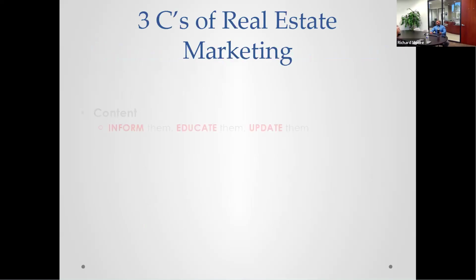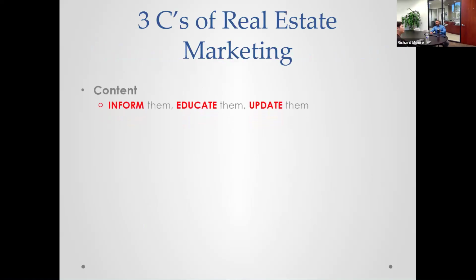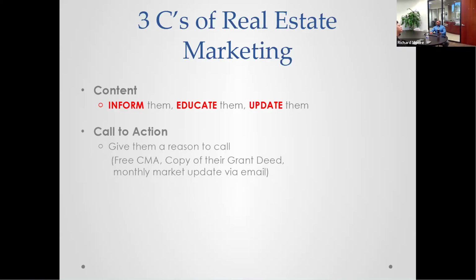The 3 C's of real estate marketing: content is the first C. Inform them, educate them, and update them. So make sure that everything you send out has something of value, real estate related. Call to action is the second C. Give them a reason to call you. Hey, call me for a free CMA. They don't know what a CMA is.